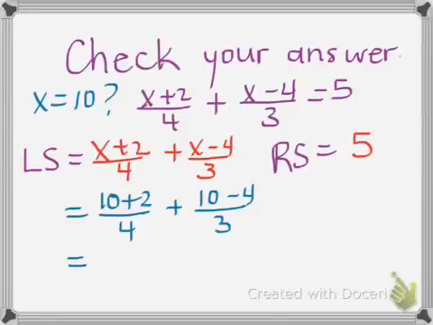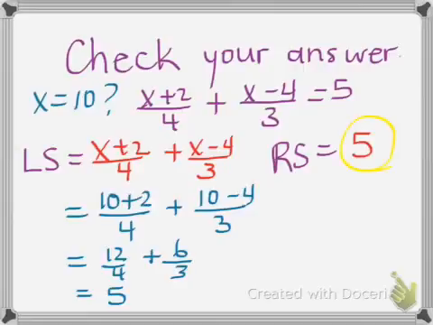And now we have 12 divided by 4 and 6 divided by 3, which works out to 3 plus 2 is 5. If you look on the left side, the answer is 5, and on the right side, the answer is also 5. So it means that my equation is solved correctly, and I can move on to the next question.